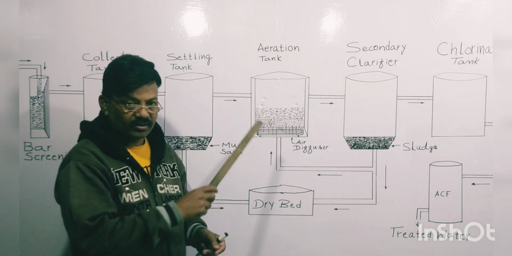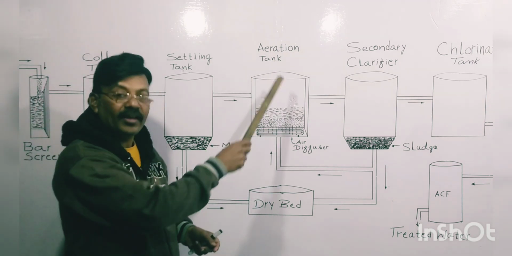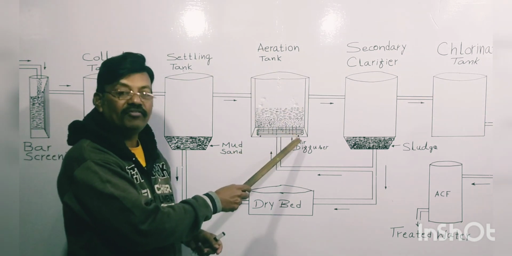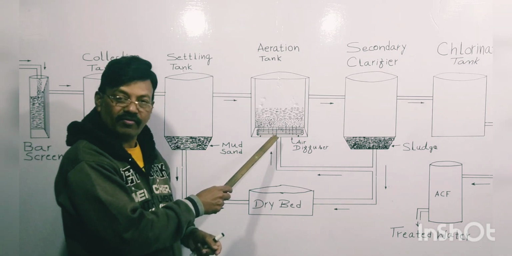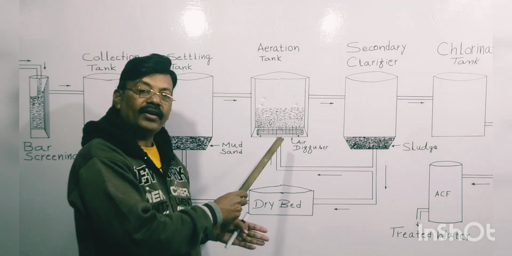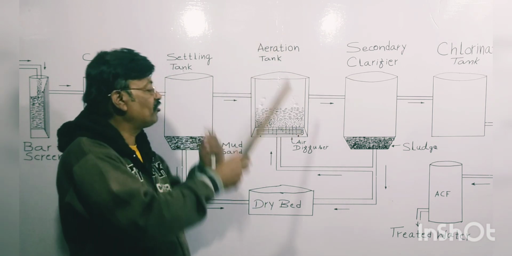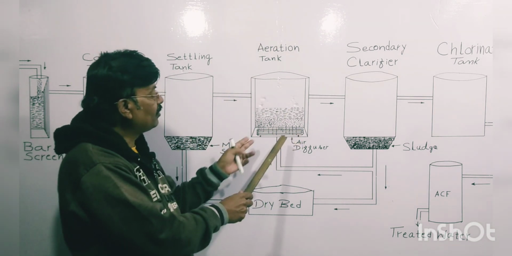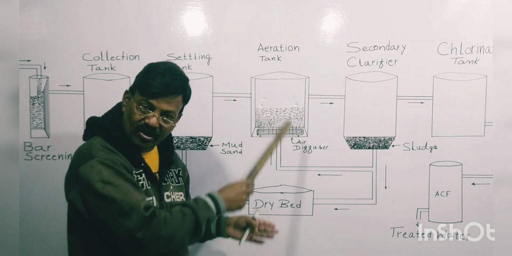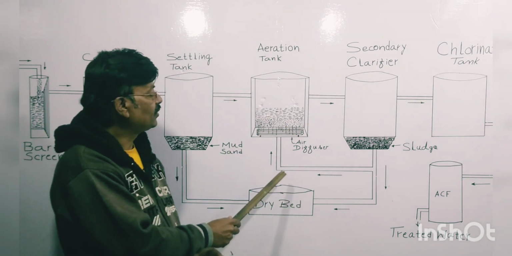But that will not happen in the aeration tank, because we have many air diffusers at the bottom of the aeration tank, and air continuously coming out from the diffusers will not allow such oversized bacteria to settle at the bottom.